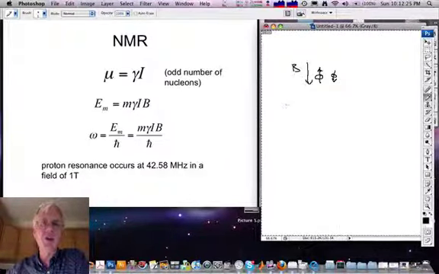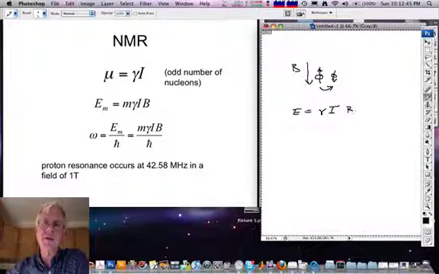The energy required to flip a spin is given by the change in spin, so the magnetic quantum number here would just go from -1 to +1, something called the magnetogyric ratio, the spin of the proton, and the magnetic field.